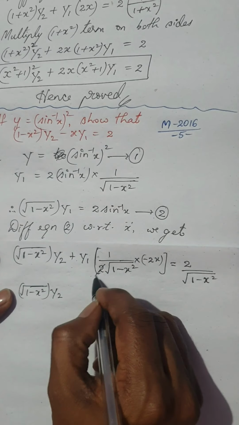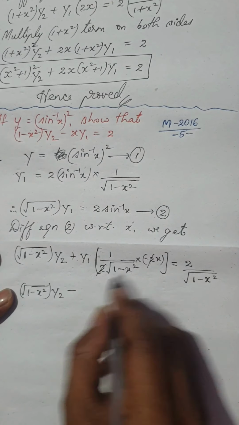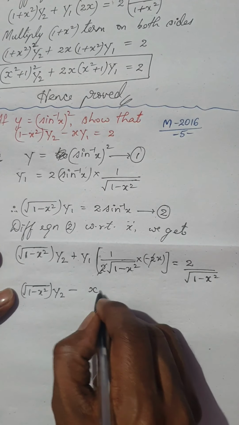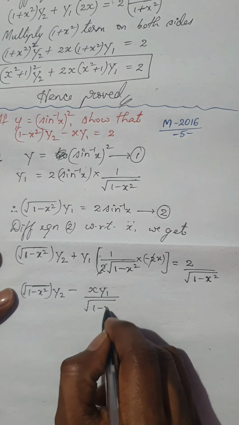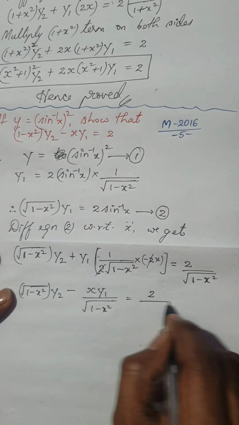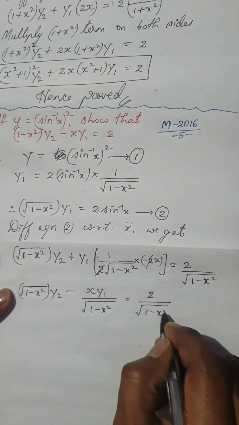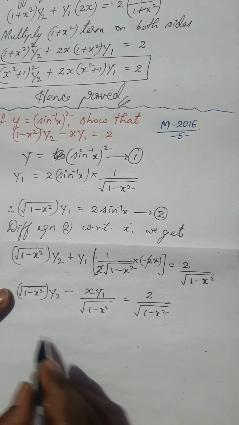Now look here, 2 and 2 will be cancelled. Now minus into plus will be minus, x will be multiplied to the numerator. So x times y1 divided by root of 1 minus x square is nothing but 2 divided by root of 1 minus x square.